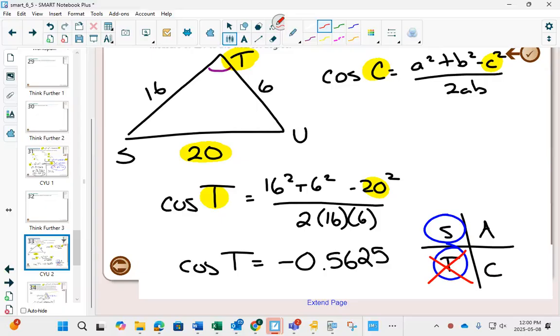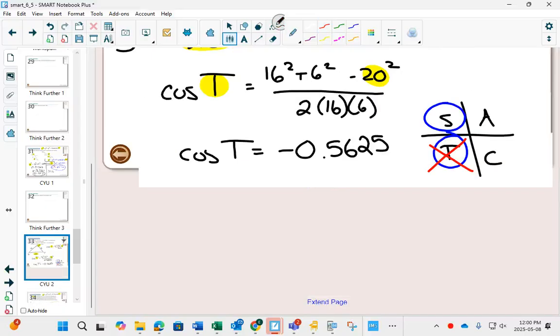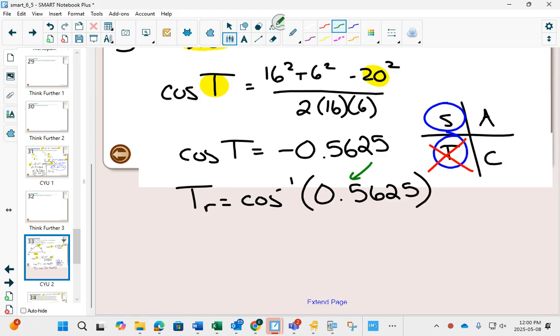But there's only going to be the answer between 90 and 180. So here it's really important that we find our reference angle and that we remember when we find the reference angle, we always do the inverse of the positive, not the negative.